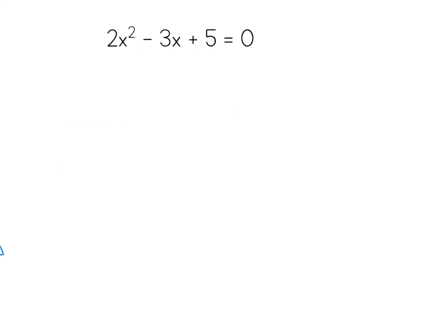Now before we look at the second problem, there's actually a typo. This should be negative 5. So this is already in quadratic standard form, so we're going to have a, b, and c. So negative b plus or minus the square root of b squared minus 4ac all over 2a.